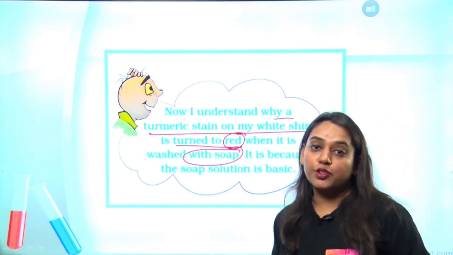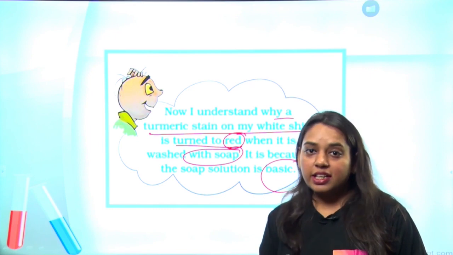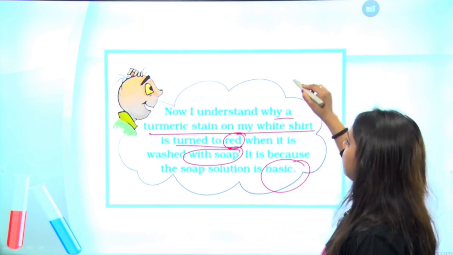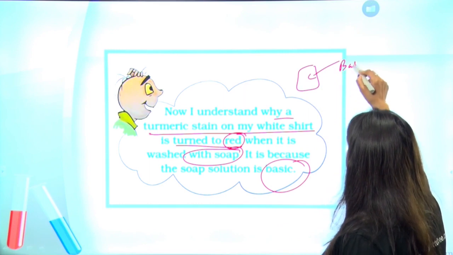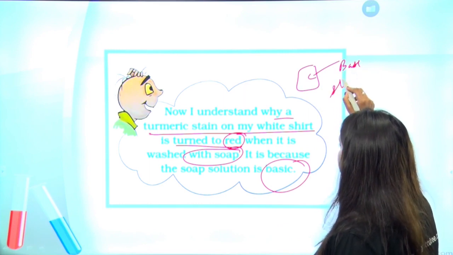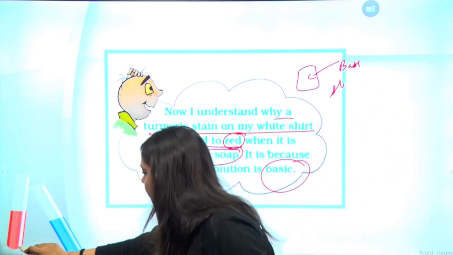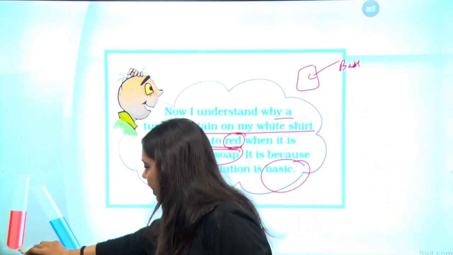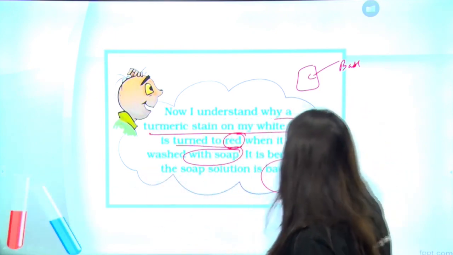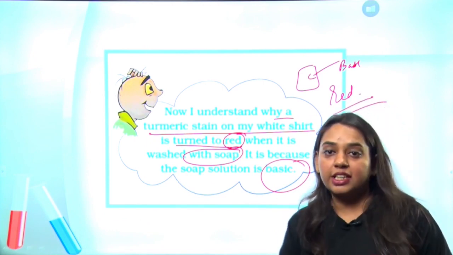Because the soap solution is basic in nature and turmeric is an indicator for base, and whenever turmeric is in contact with any base it will show red color. Okay children, so this was all about turmeric as an indicator.